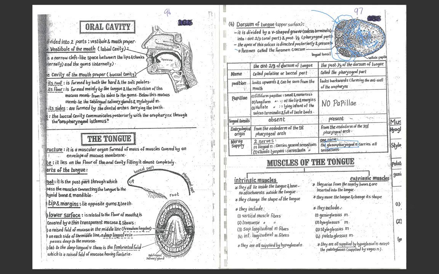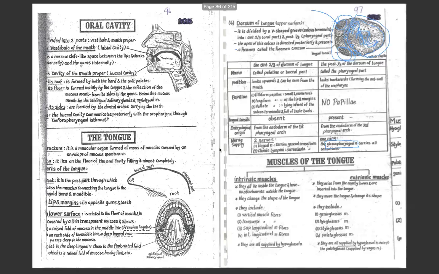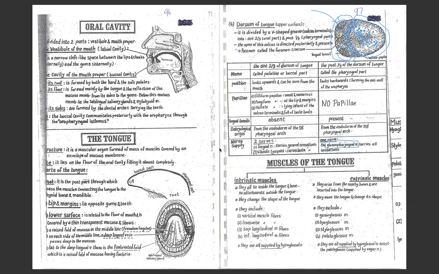The anterior two third is innervated by two things: lingual nerve for sensation, chorda tympani for taste. Okay. Muscles of the tongue.